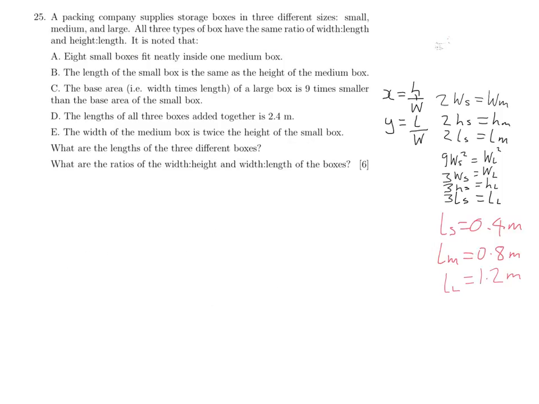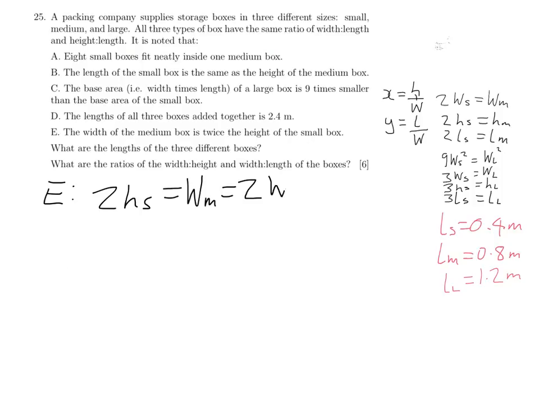Now we're going to use statement E to find the ratio of width to height and width to length. Now statement E told us that the width of the medium box was twice that of the height of the small box, and we know that they're equal to other kind of facts about this question as well.